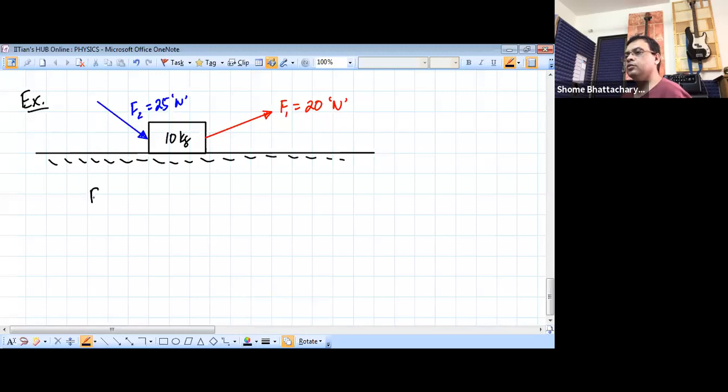So the block is initially at rest on a smooth horizontal surface.